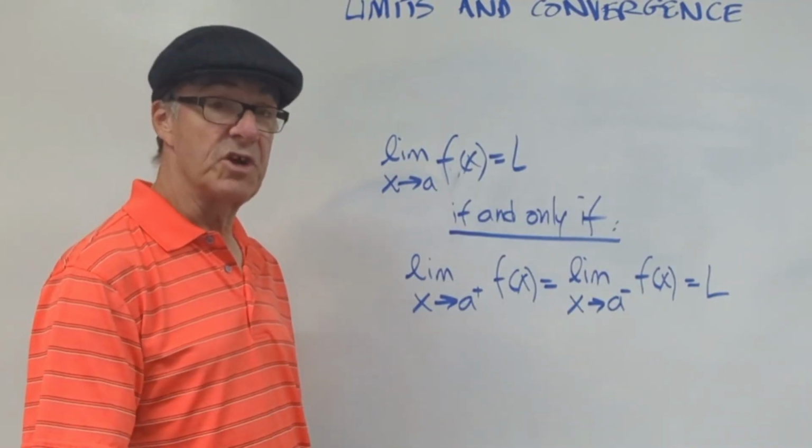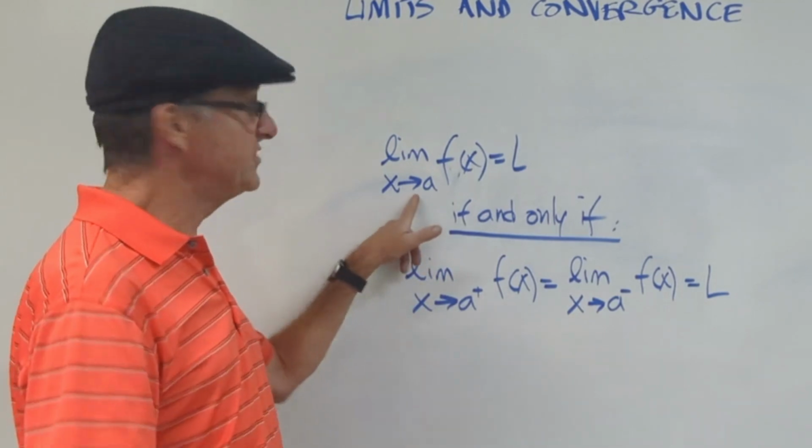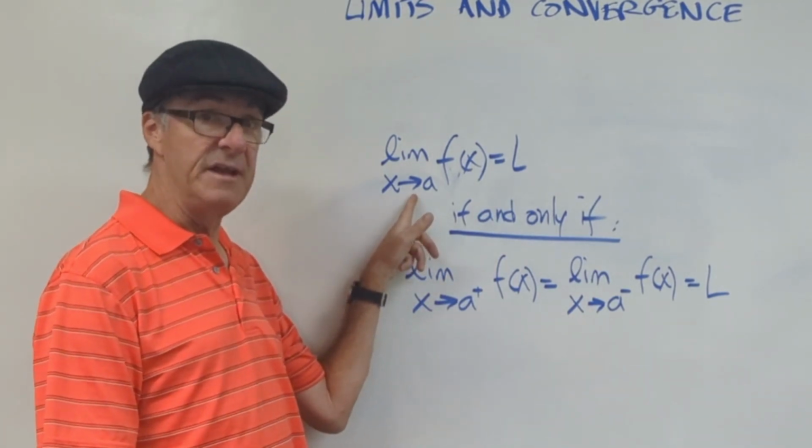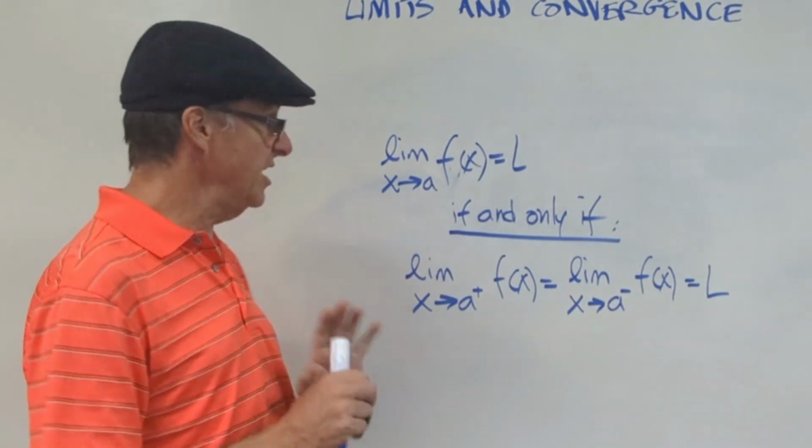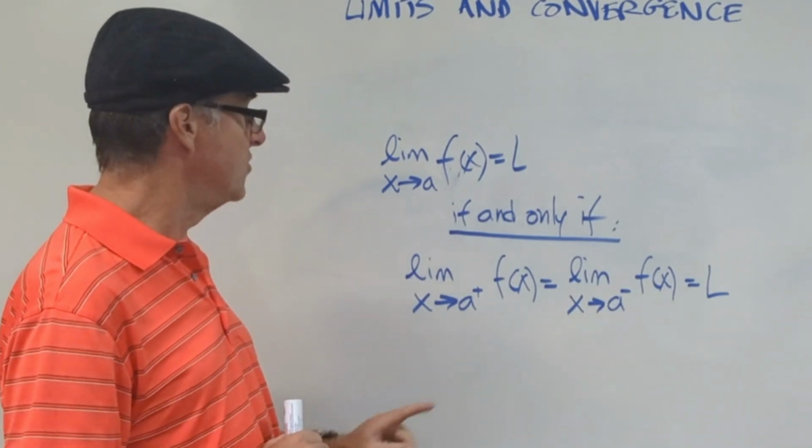All right, so let's talk about some conditions here. This is the general statement for a limit, but it has an implication that's not immediately obvious. So let's take a look at a little bit more refinement on the notation.